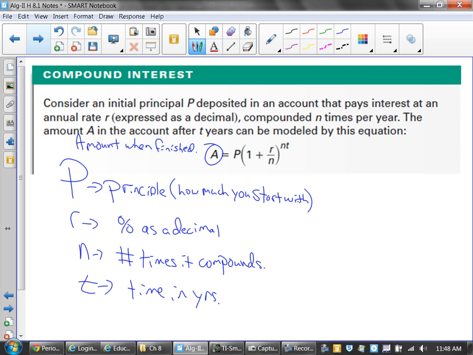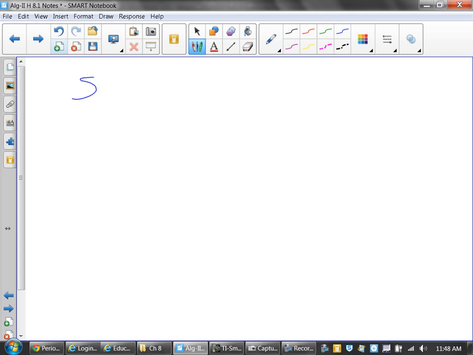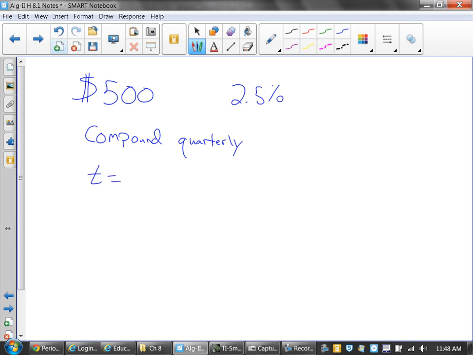So let's say we go to the bank with $500, and you're going to deposit it at 2.5%, and it's going to compound quarterly. And you're going to leave it in there for 25 years. You're going to save your money for 25 years. So when it's done, then you go out and buy a car.